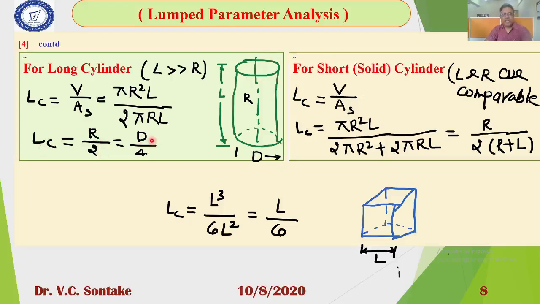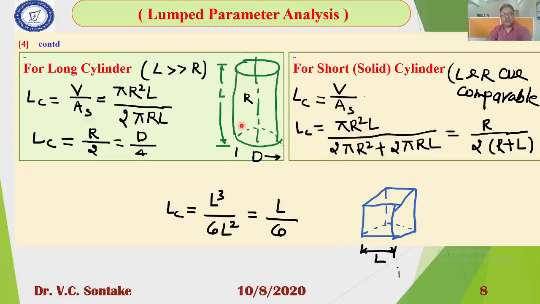In a similar fashion, I can calculate the characteristic length for a short or solid cylinder. In case of a short cylinder, its length and radius are comparable. So we are going to consider this surface area as well. So the characteristic length for a short cylinder will be its volume, pi r square L, over total surface area.